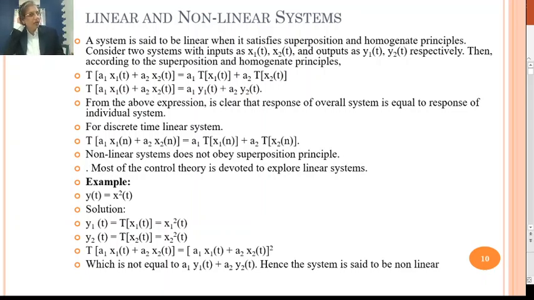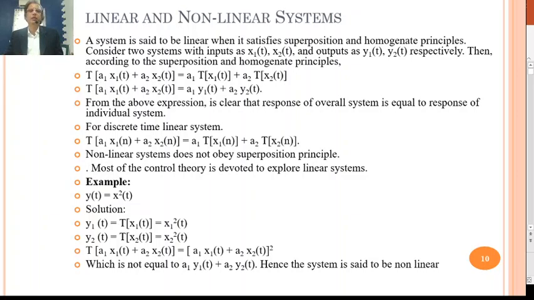Then the linear and the non-linear system. The linear system is the system which obeys the superposition principle. Now what is the superposition principle?